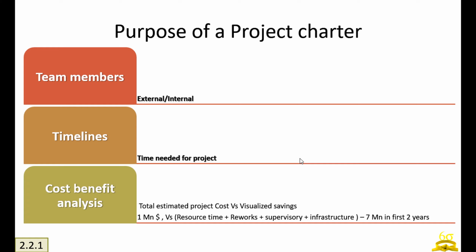Suppose I am saying $1 million total estimated project cost versus visualized savings, which can be resource time, rework, supervision, infrastructure, of 7 million in the first 2 years. So that's what the savings would finally be. This is how you make a project charter.